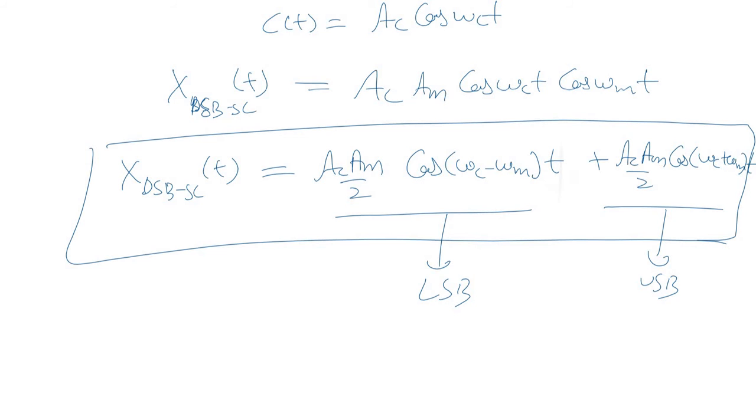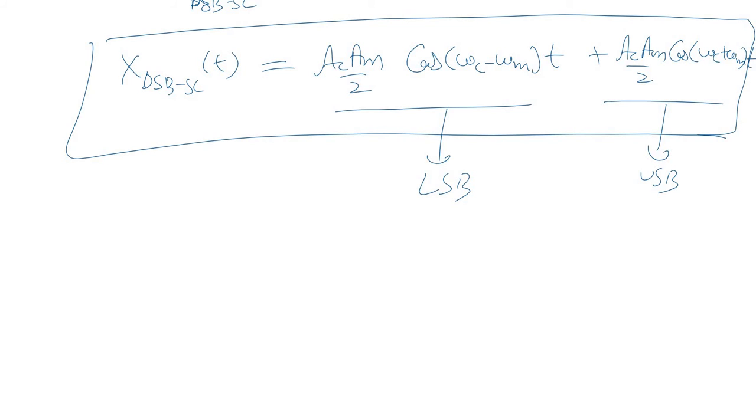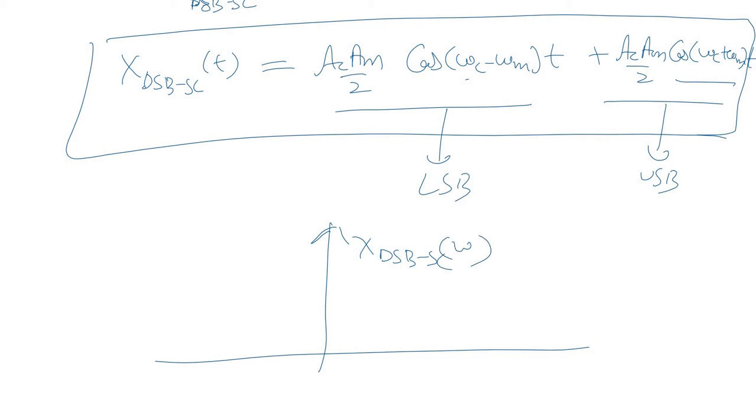And if you plot the spectrum of this, the Fourier transform of cos (omega c minus omega m) t is shifted impulses, shifted by omega c minus omega m, and similarly the Fourier transform of cos (omega c plus omega m) t is again shifted impulses. So if we plot the spectrum of this particular signal for single tone system, the spectrum would be something like this.